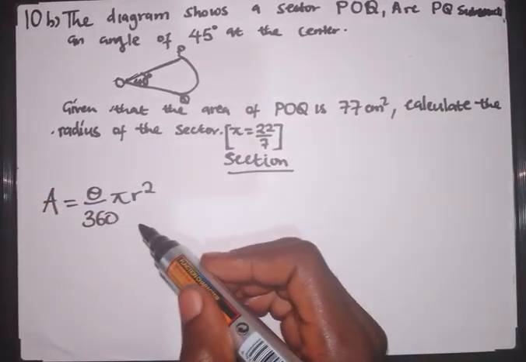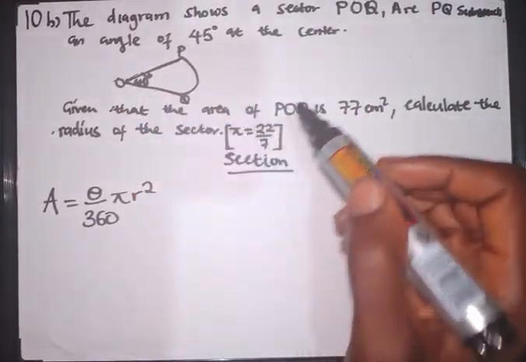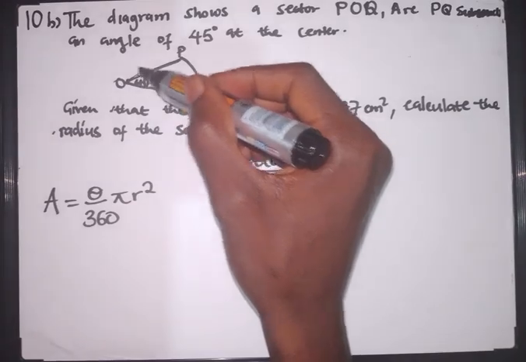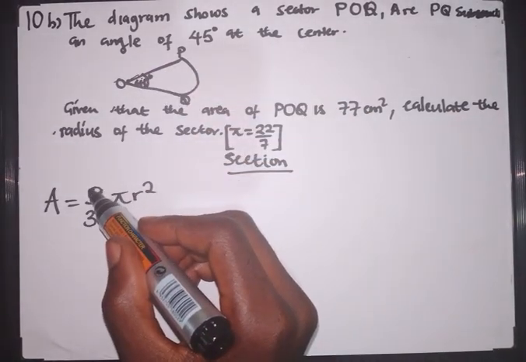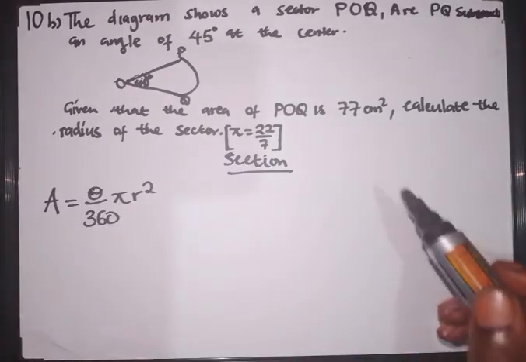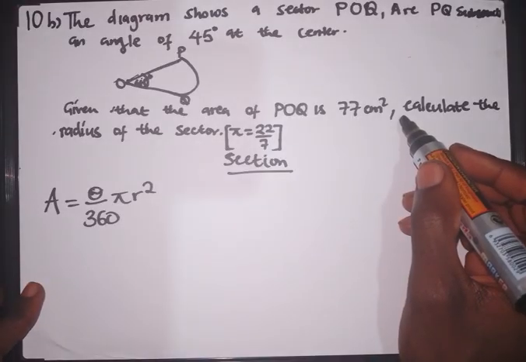But since this sector is only part of the circle, we pick the angle here. That's the angle which will be here. Our area we have been given to be 77.